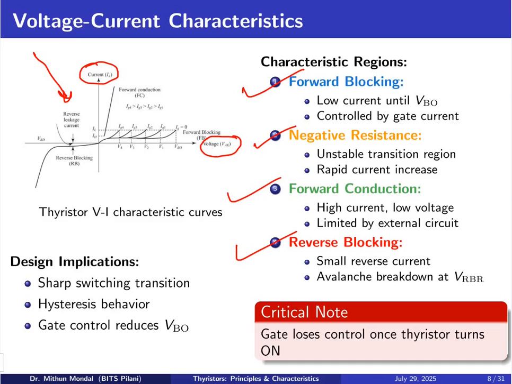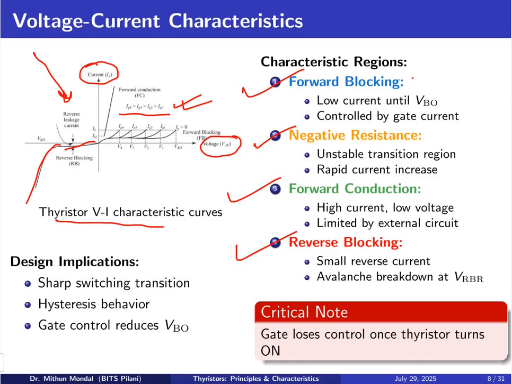In the thyristor VI characteristic, the gate is the one which controls the conduction. As soon as you apply the gate current, the magnitude of the gate current will turn on the thyristor. So we will be operating the thyristor here in the forward conduction mode. This is the reverse blocking mode, and there is a reverse leakage current flowing in the reverse polarity.